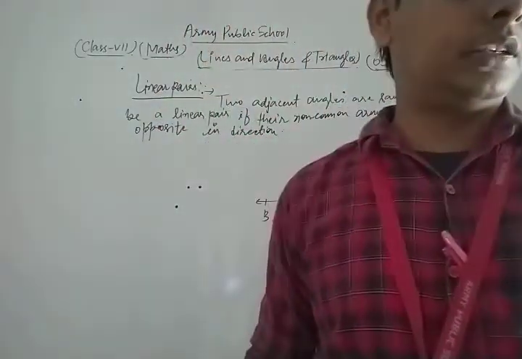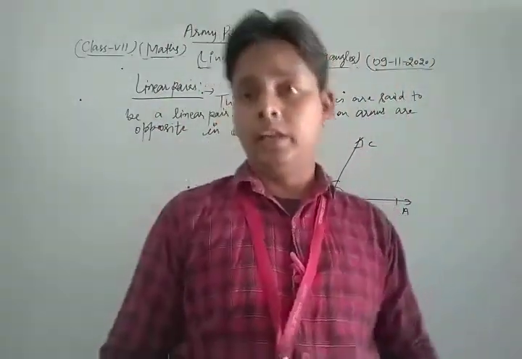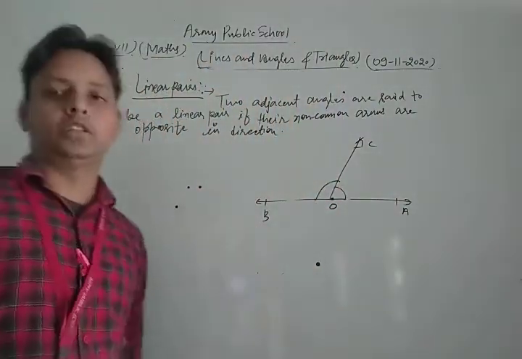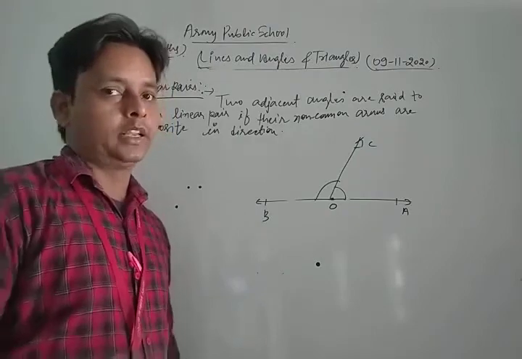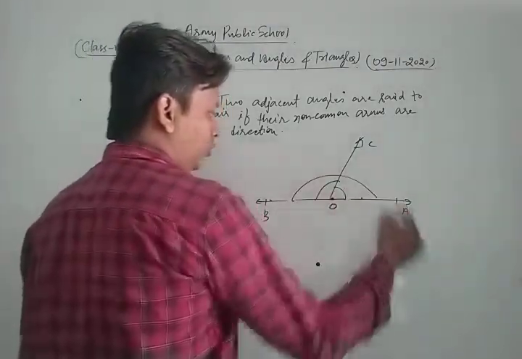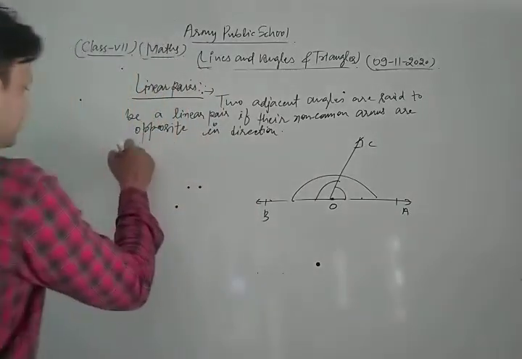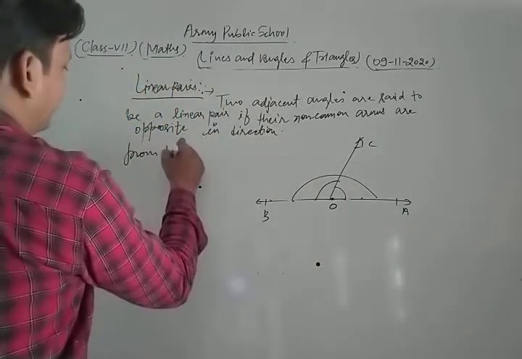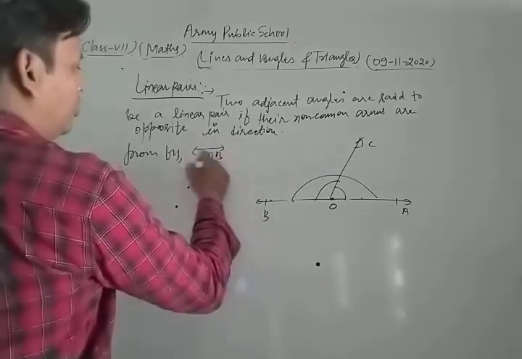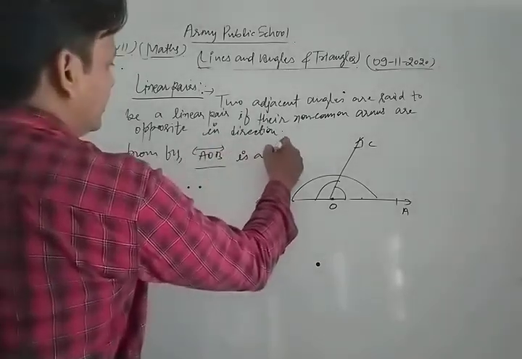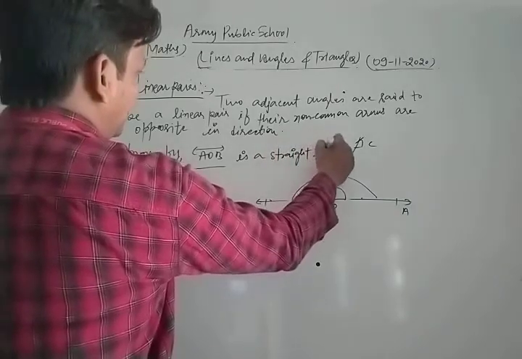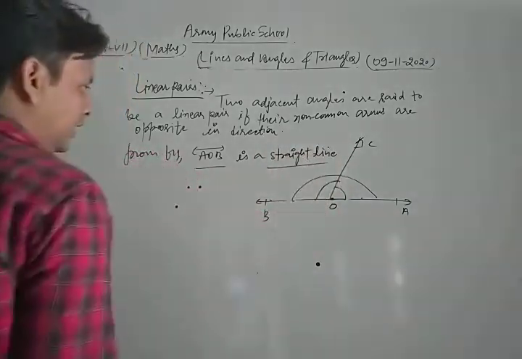This is the necessary condition for a linear pair: their non-common arms are opposite in direction. Then they form a linear pair. And you know that if they are opposite in direction, then AOB is a straight line, from the figure.